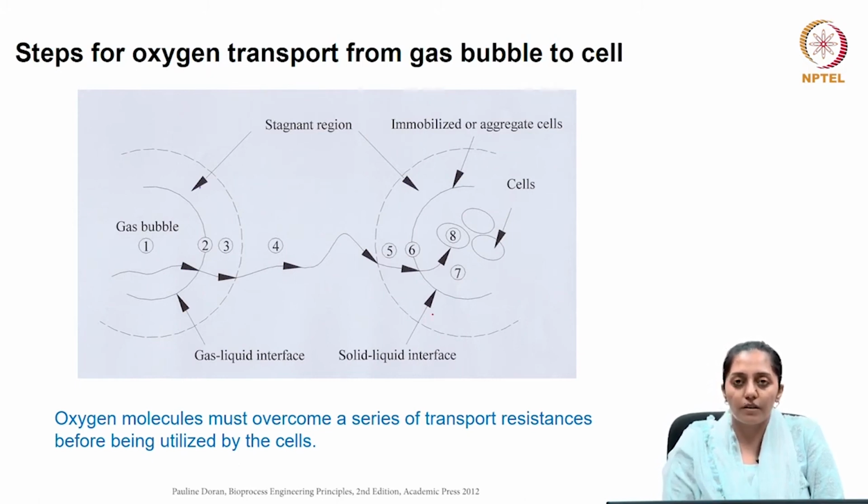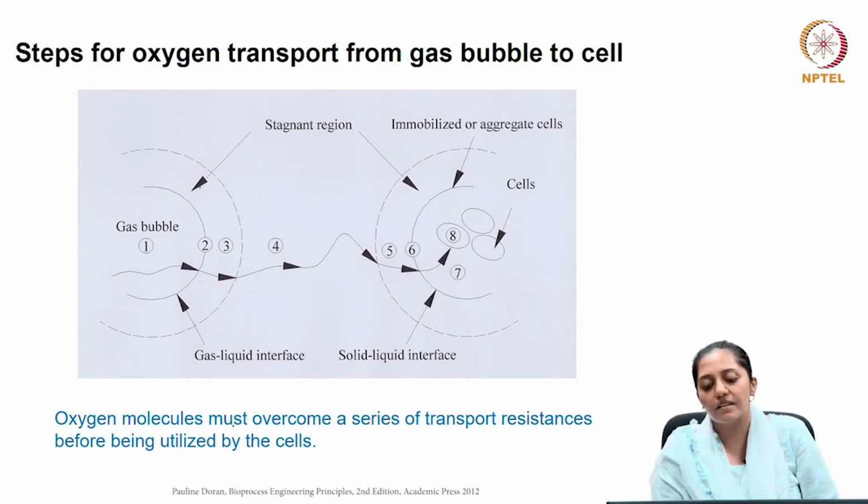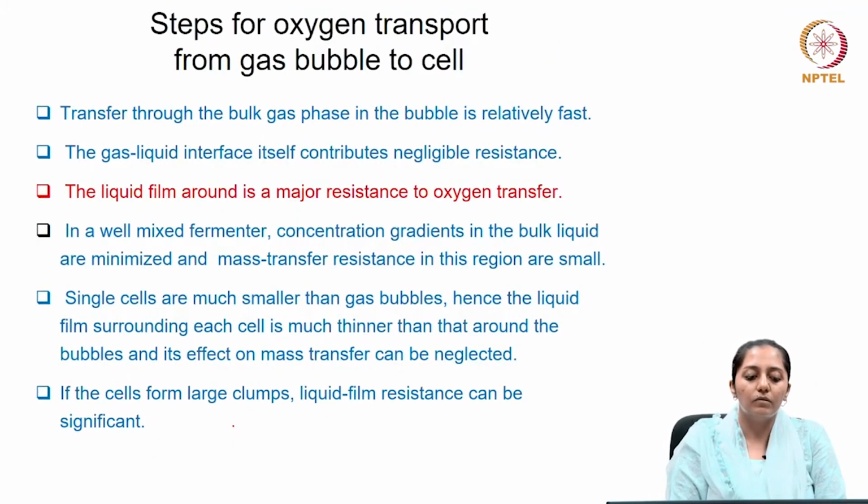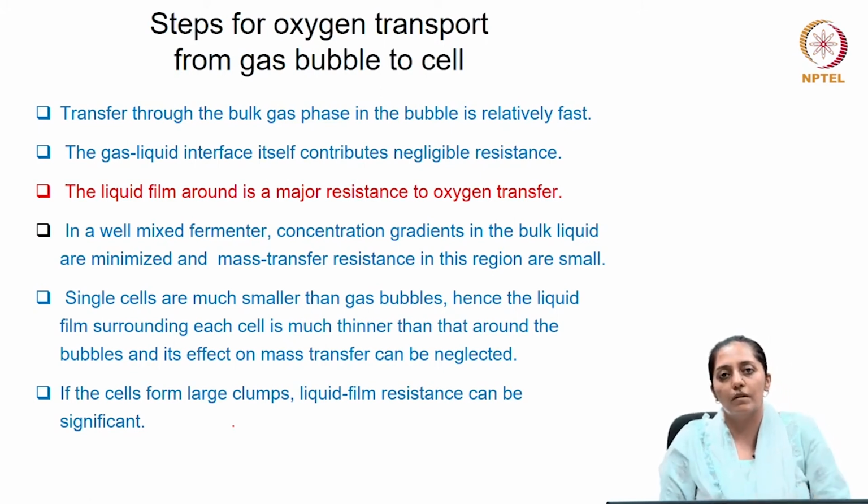For oxygen to reach the cells inside the immobilized bead, the oxygen molecules must overcome a series of transport resistances before it can be utilized by the cells present inside the immobilized structure. So, let us try to break it down into the different steps for successful oxygen transfer from the gas bubble to the cell.